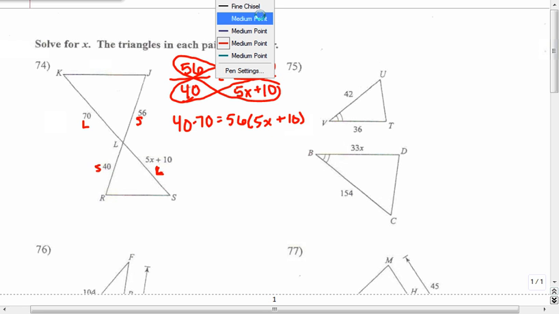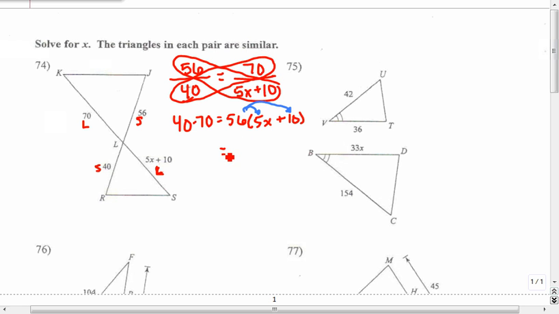Now when I have a number on the outside of a parentheses, what do I have to do? Distribute. So what is 56 times 5x? 280x. What is 56 times 10? 560. We just have to throw that 0 on the end. Okay, what is 40 times 70? Very good.